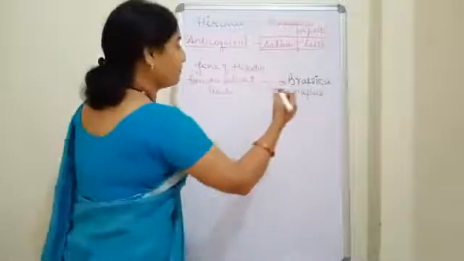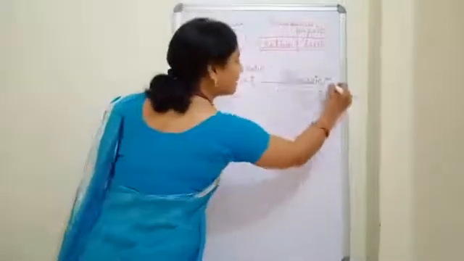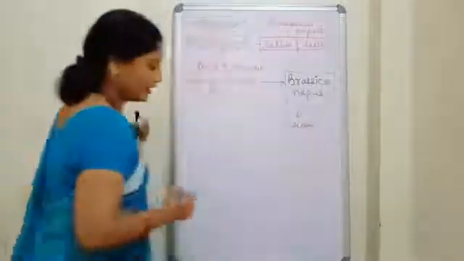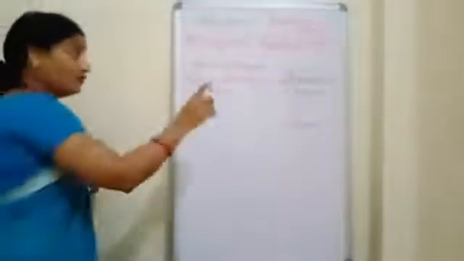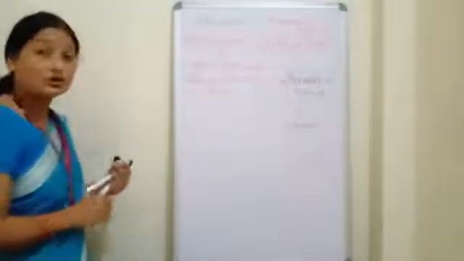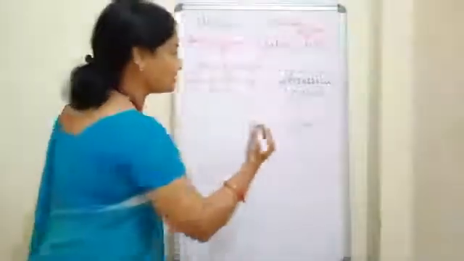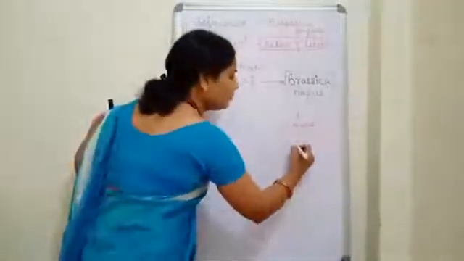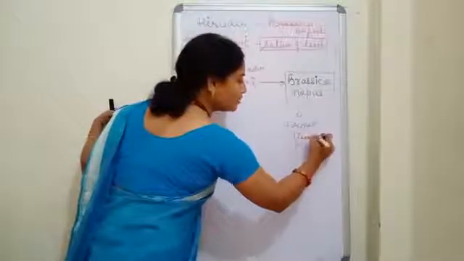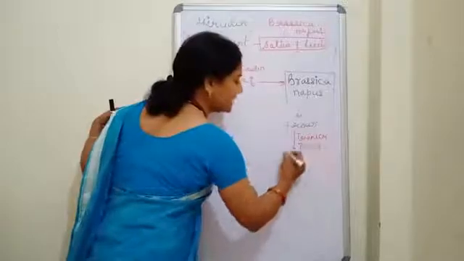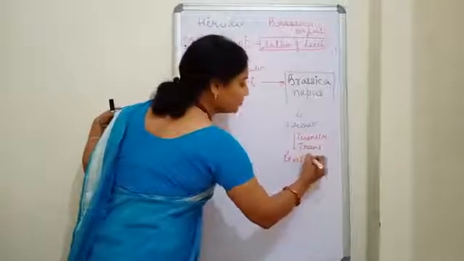Now, what happens? This plant grows up, and along with this, the gene will also develop. It will undergo, naturally you all know very well now, the process of transcription and translation, and it will form the protein.